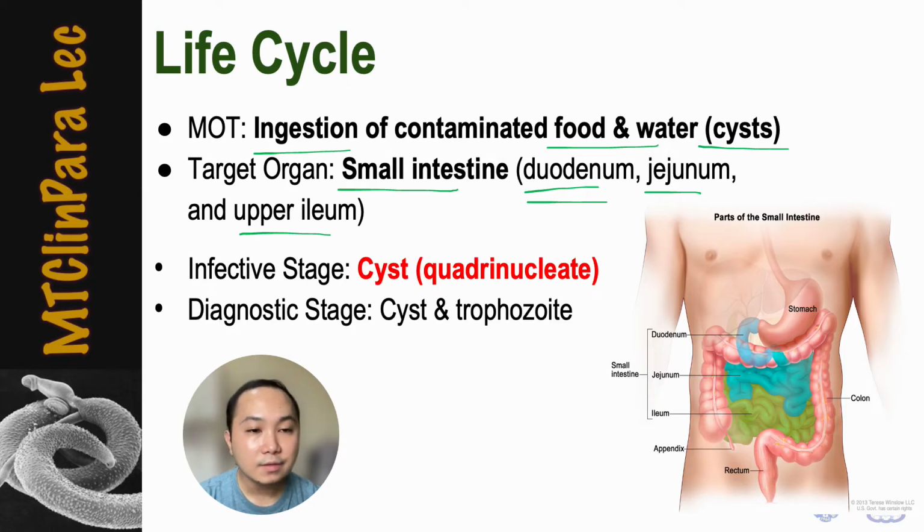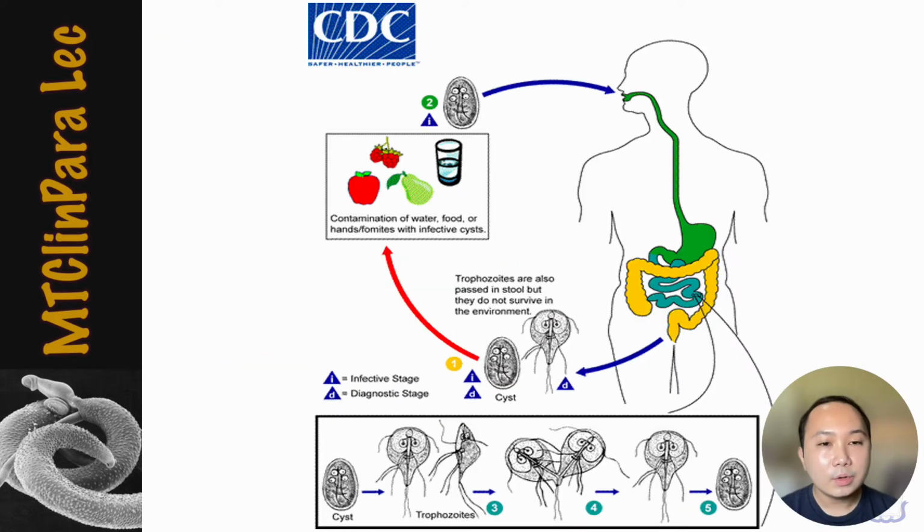So again, the infective stage is the cyst form, and the diagnostic stages would be cyst and trophozoite. But remember, for trophozoite, within 30 minutes we should be analyzing and viewing these particular forms in the microscope.